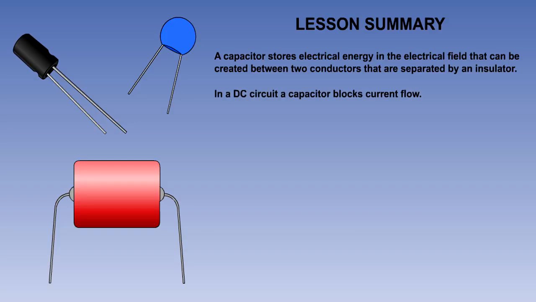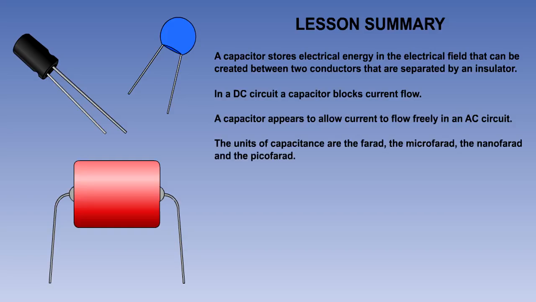In a DC circuit, apart from the initial charging current, a capacitor blocks current flow. A capacitor appears to allow current to flow freely in an AC circuit. The units of capacitance are the farad, the microfarad, the nanofarad, and the picofarad.